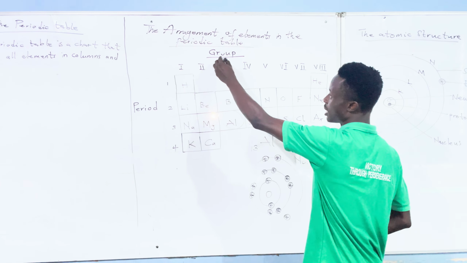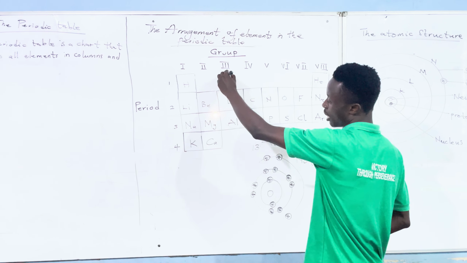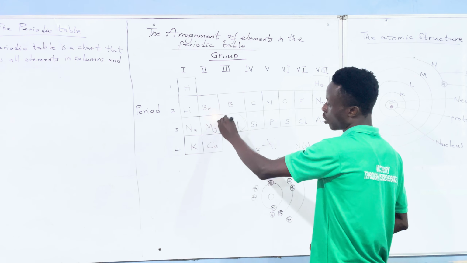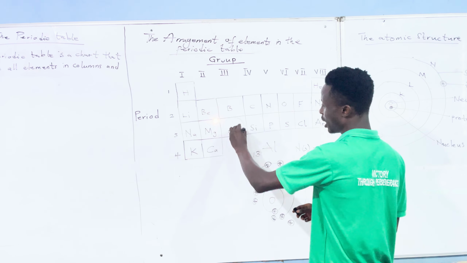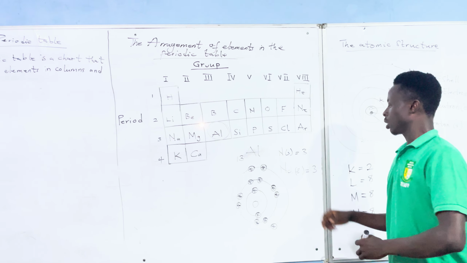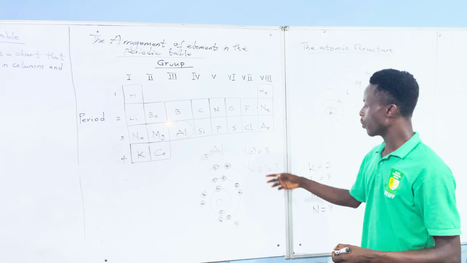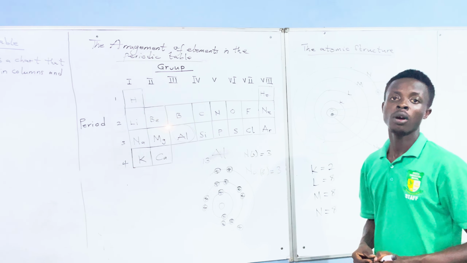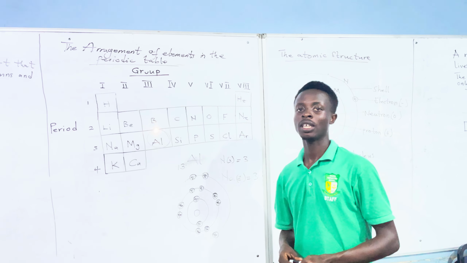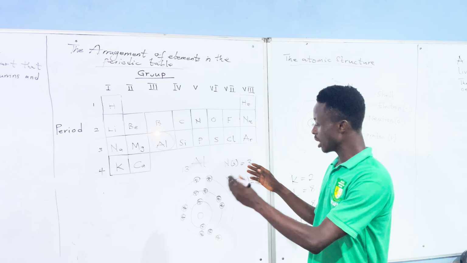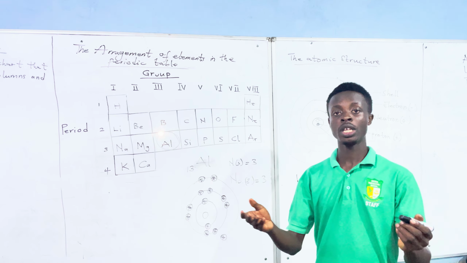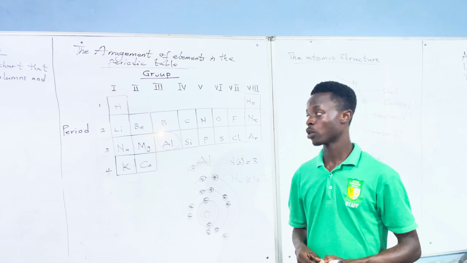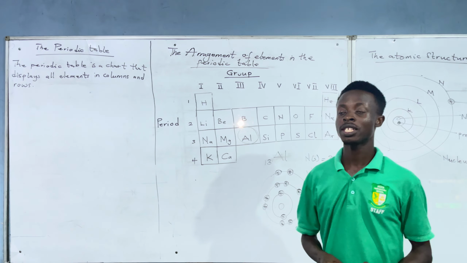Group 3 is here, right? And we can find aluminium on the periodic table over here. So that is how to find the group and the period of an element using the electronic configuration of an atom.